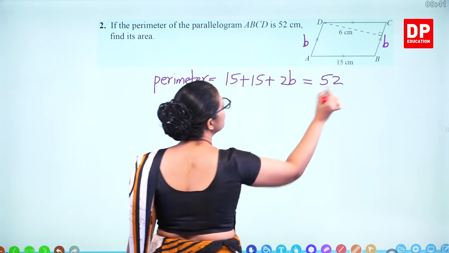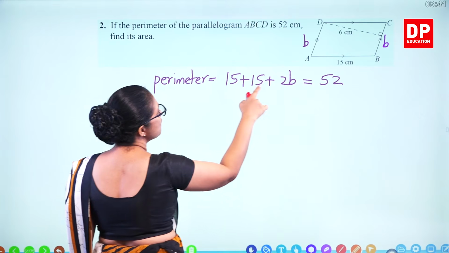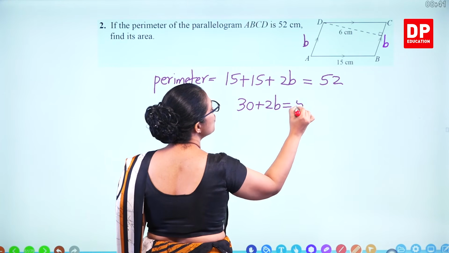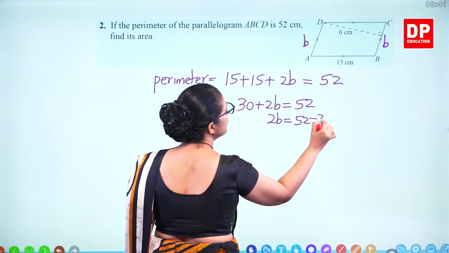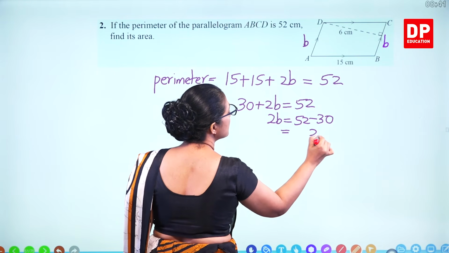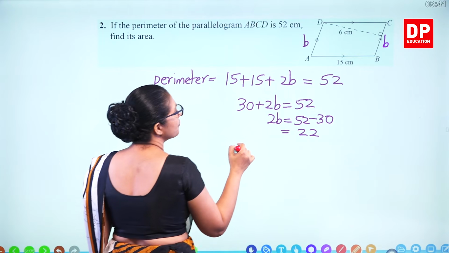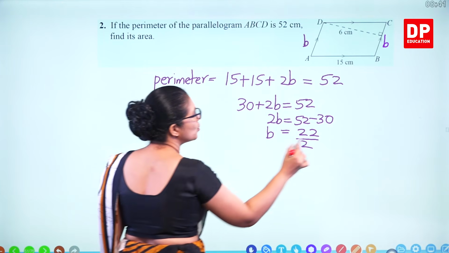So you can first find the base length. 15 and 15, 30. 30 plus 2B equals 52. 2B is 52 minus 30. You get 22. So what's B? Divide by 2.